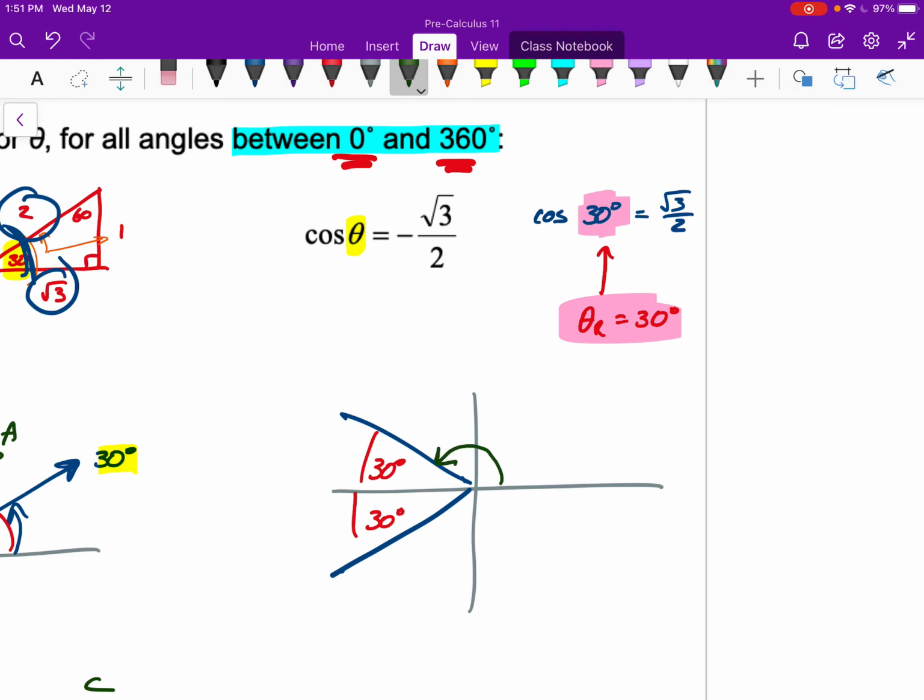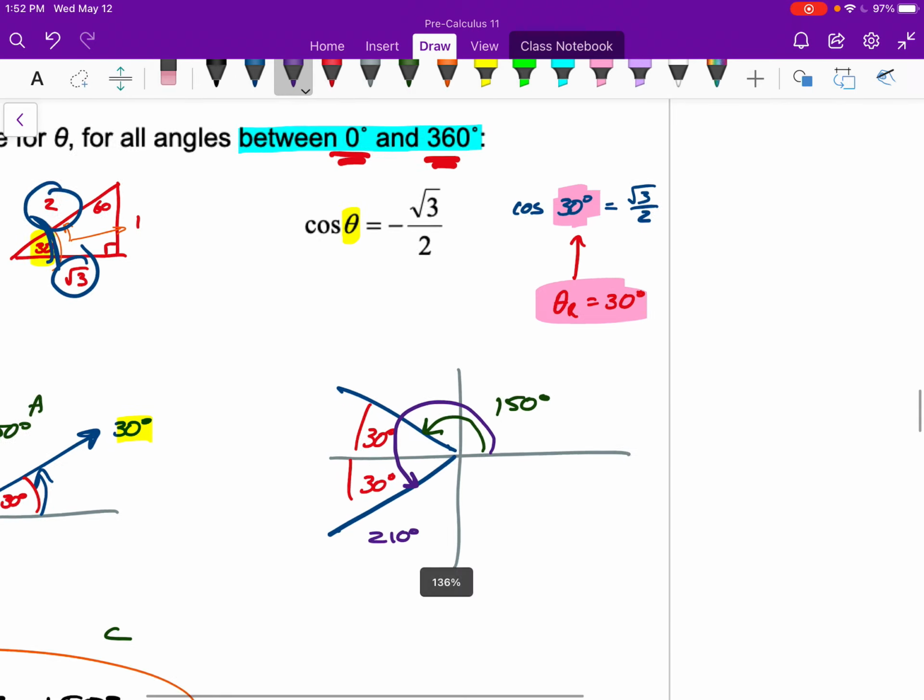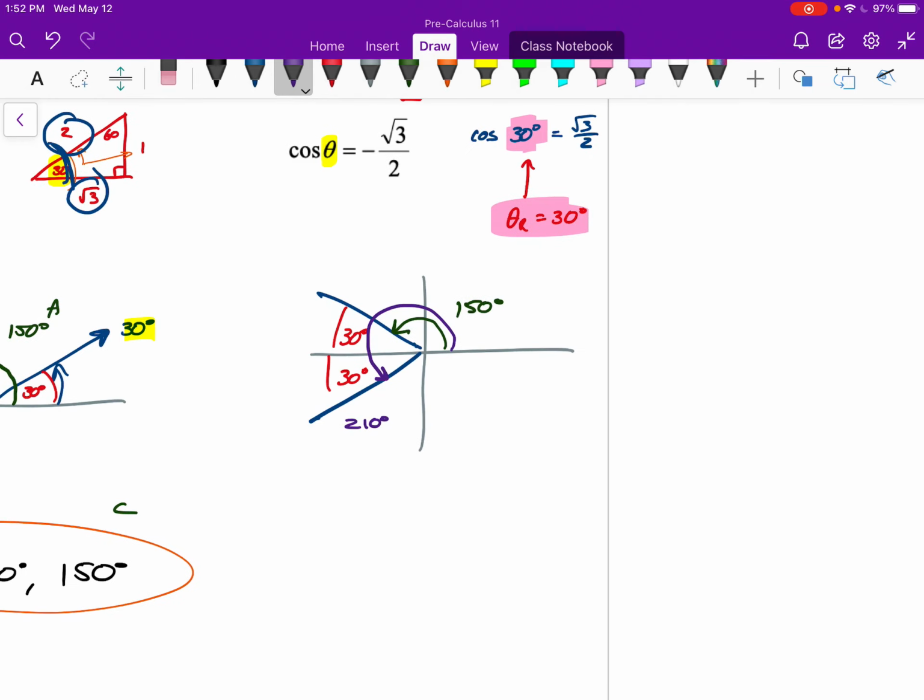One of my solutions is right there, which is 150 degrees. And my other solution is right here, which is 210 degrees. And so those are my two answers. Theta equals 150 degrees and 210 degrees.